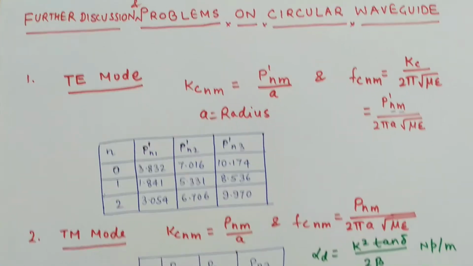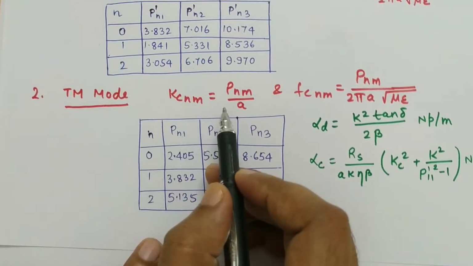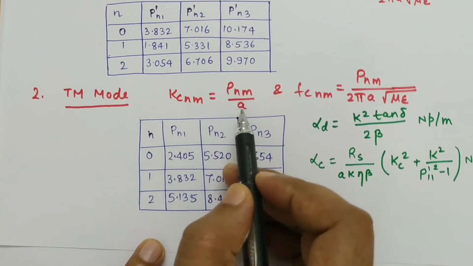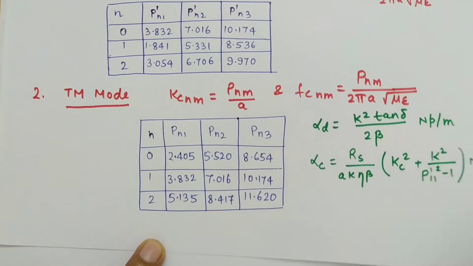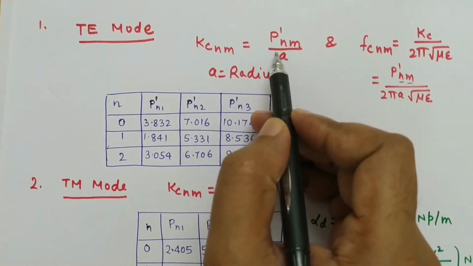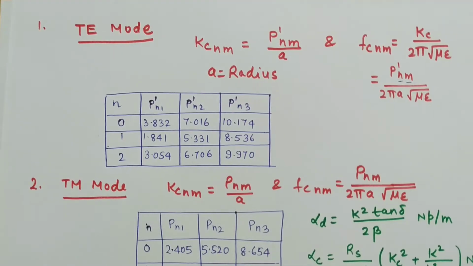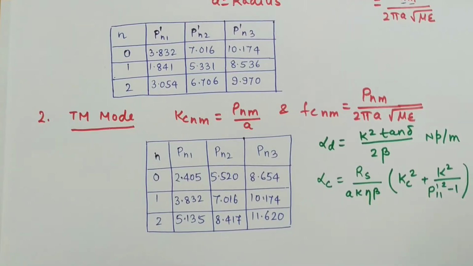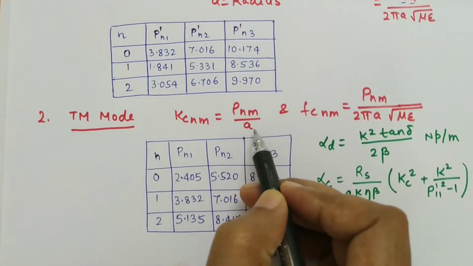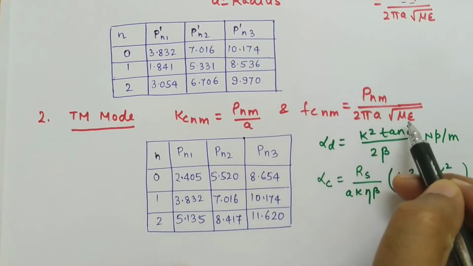Similarly, for the TM mode, our solution was pnm by a. In the TE case it was the solution of the derivative of the Bessel function, but here it is the solution of the Bessel function. So here it is pnm by a, and the cutoff frequency is given by pnm by 2 pi a under root mu epsilon.